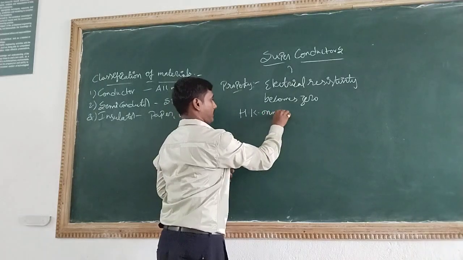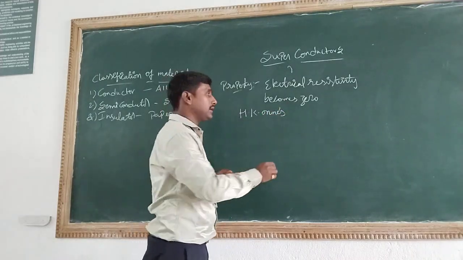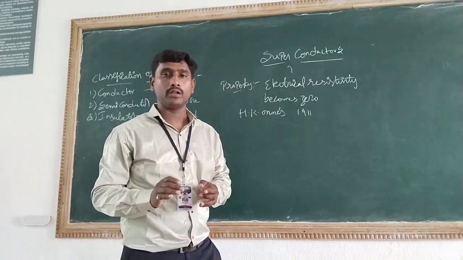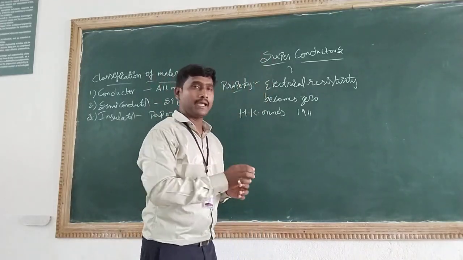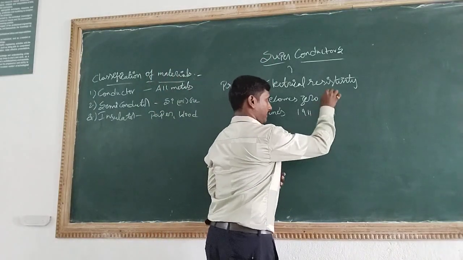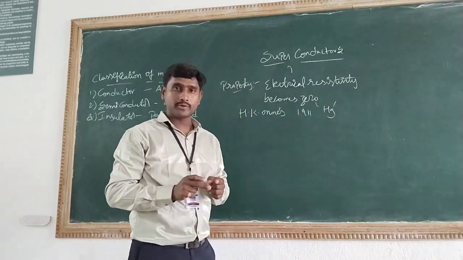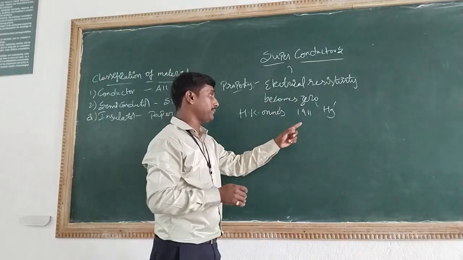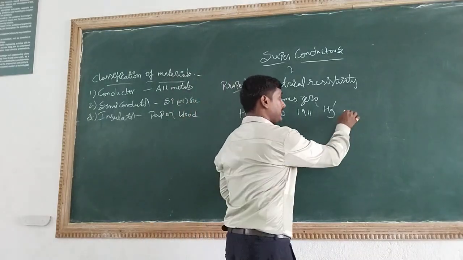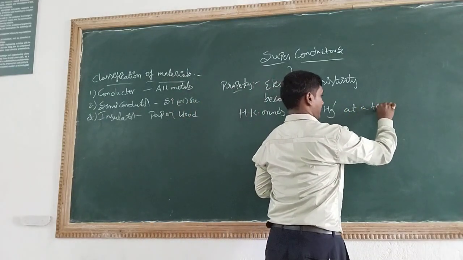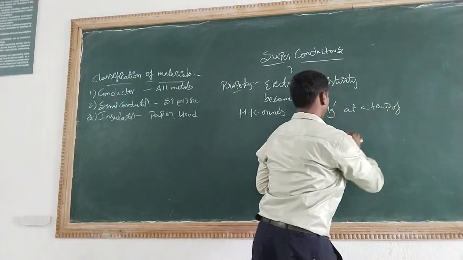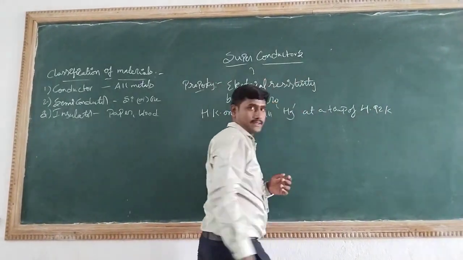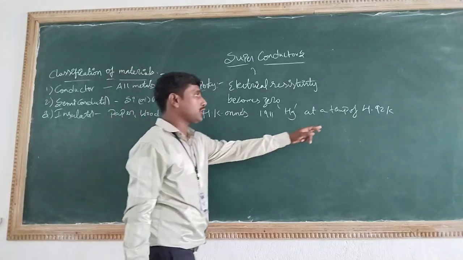H.K. Onnes in the year 1911 while he was working on the liquid metal mercury. He observed this superconductivity property at a temperature of 4.92 kelvins, which is a colder temperature.